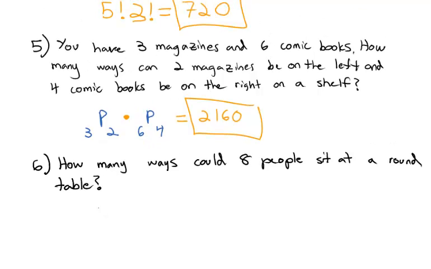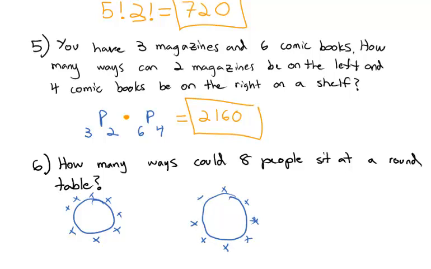I want to think about this for a little bit. Here's a round table with 1, 2, 3, 4, 5, 6, 7, 8 seats at it. And here's another round table with 1, 2, 3, 4, 5, 6, 7, 8 seats at it.